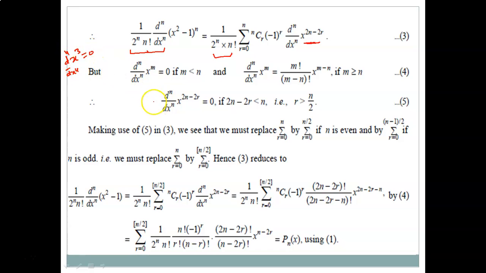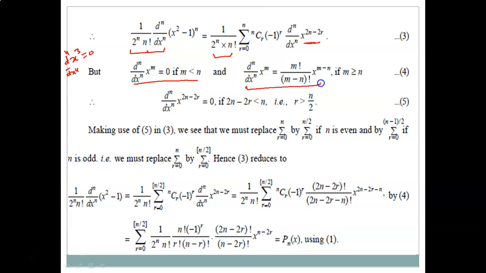But what happens when m is greater than or equal to n? In that case, when you differentiate it again and again, n times, you get m factorial divided by (m minus n) factorial into x raised to power m minus n.